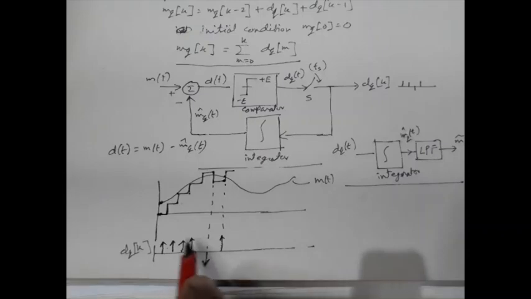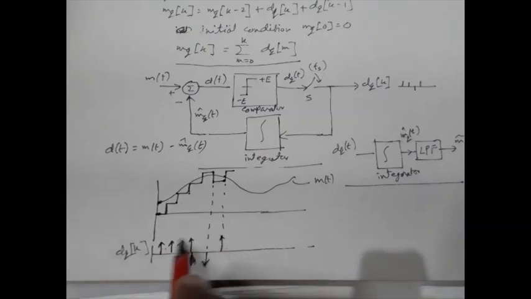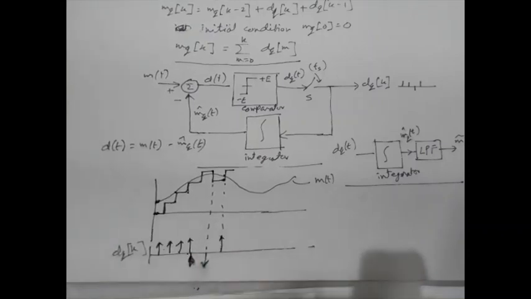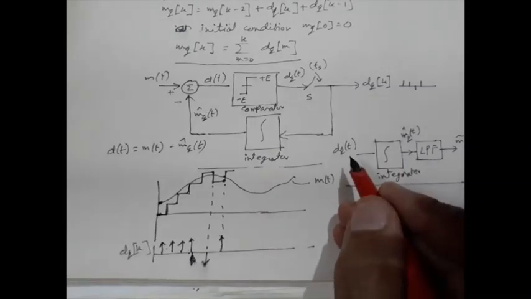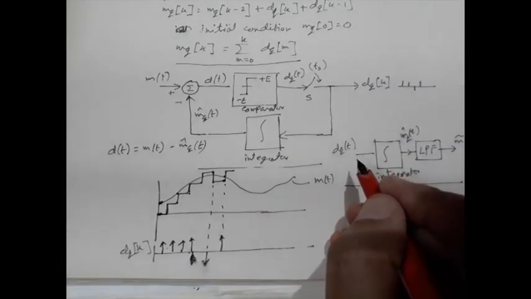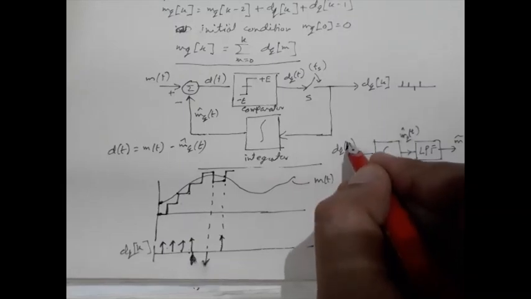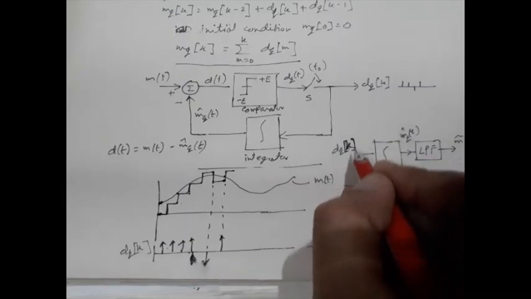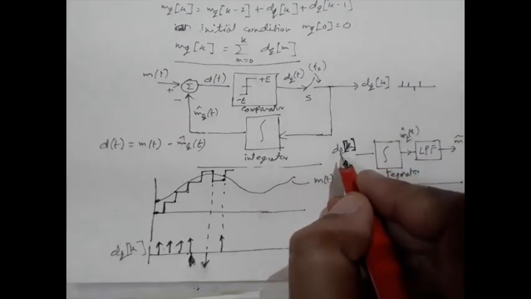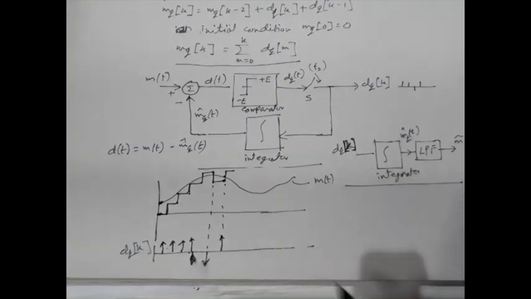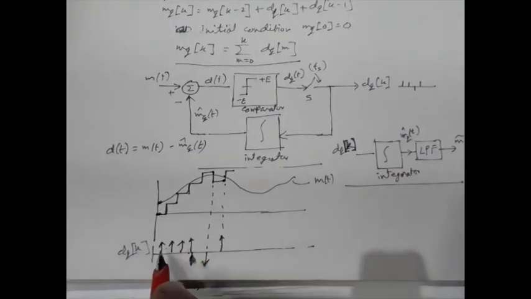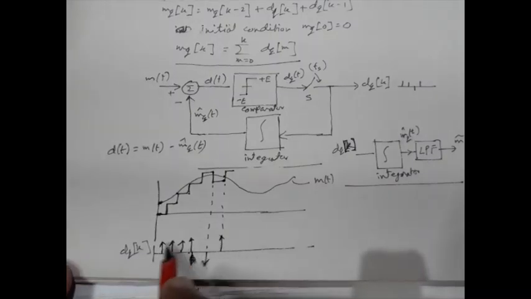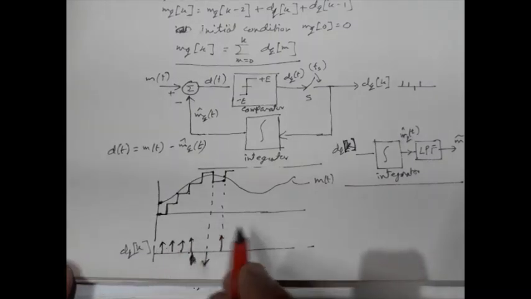and we are actually sending this information, this D, to the receiver side. So this one is DQK actually. We are actually getting DQK, and that is given to the integrator.